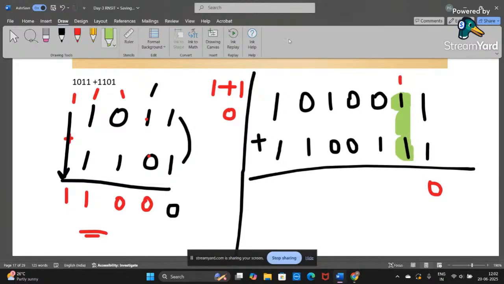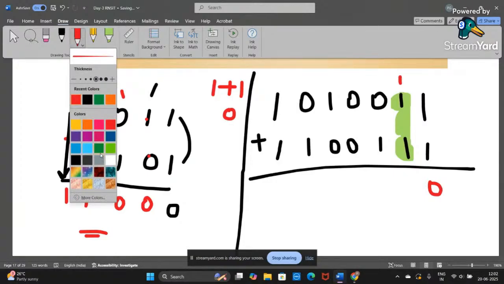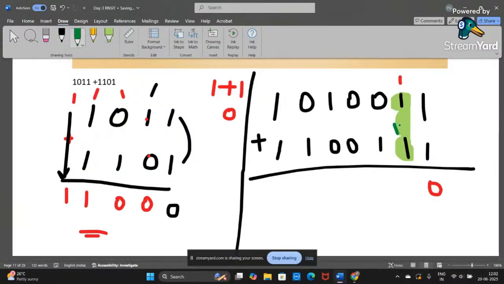Yes, 10 plus 1 it is 11. So from this 1 plus 1 we got 10. 10 plus 1 it is 11. We got 11. I'll write it separately. This 11, this digit we're writing here, and one more digit will be carry forwarded to the next one.